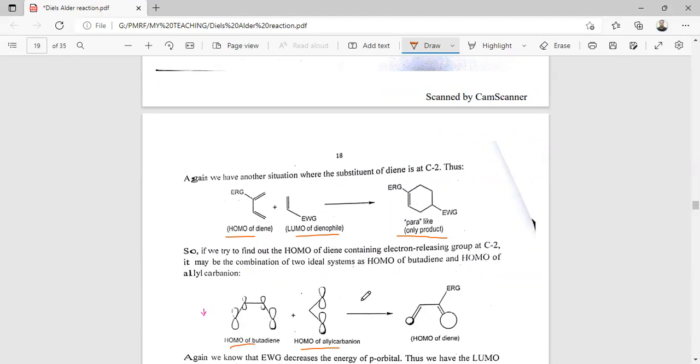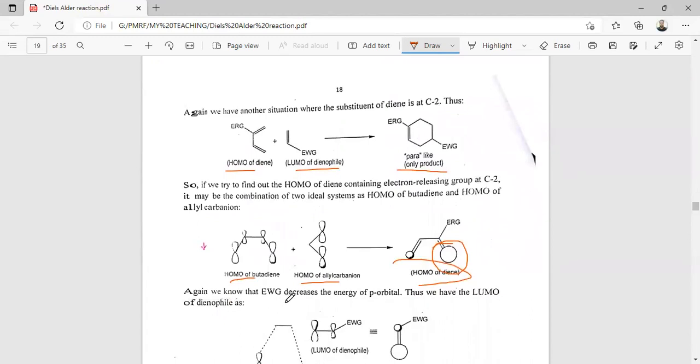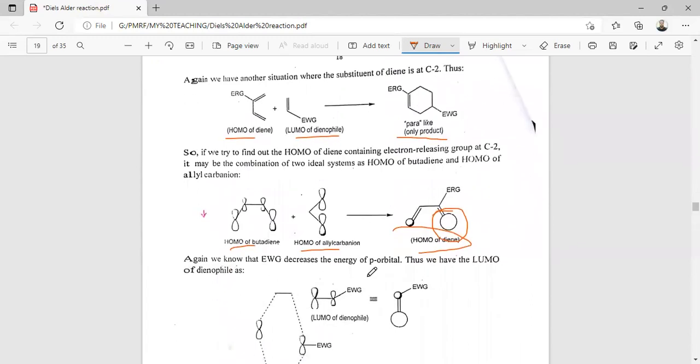So this is the combination, and the HOMO of the diene is here, with more orbital contribution on this carbon. Again we know that an electron withdrawing group decreases the energy of the p orbital. Thus the LUMO of the dienophile looks like this.